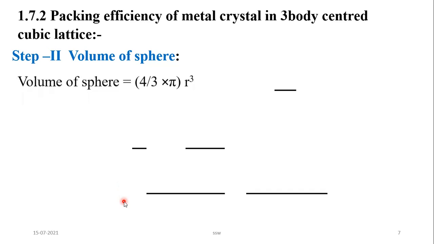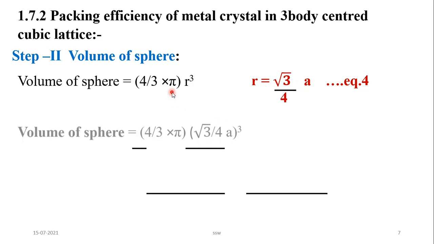So volume of sphere, you know that volume of any sphere is equal to 4 by 3 into pi into r cube. 4 by 3 pi r cube, that is the volume of any sphere. Now you know that in BCC structure, r is equal to root 3 divided by 4 into A. So if we substitute this value of r in this equation, then we get what?